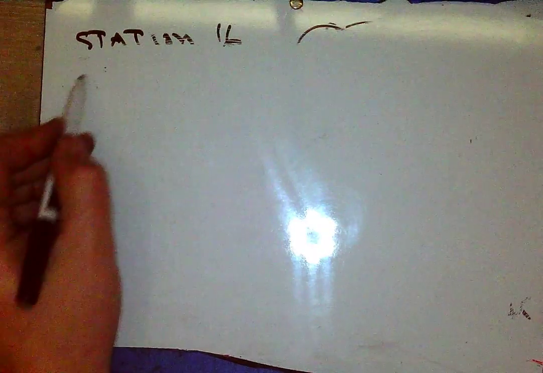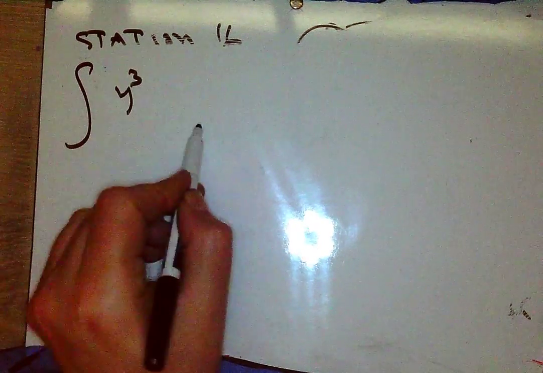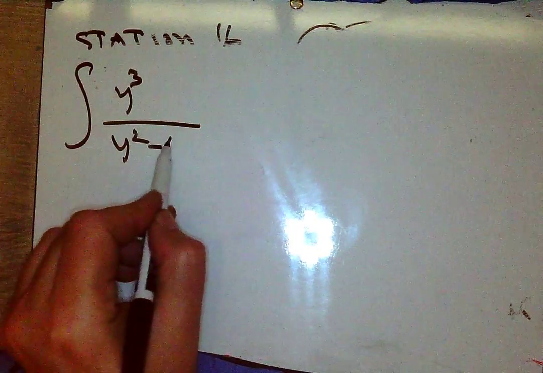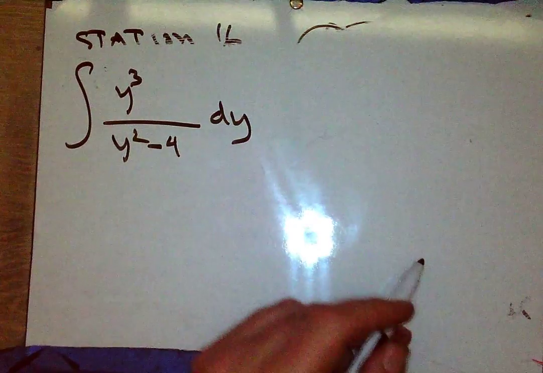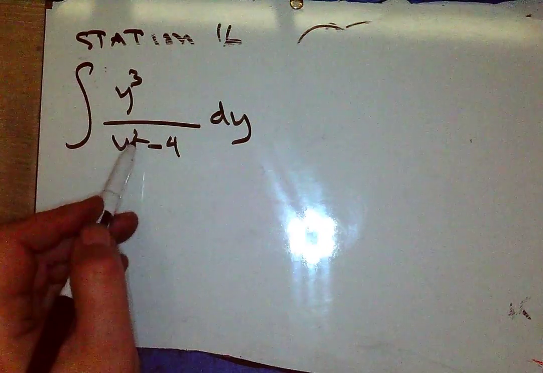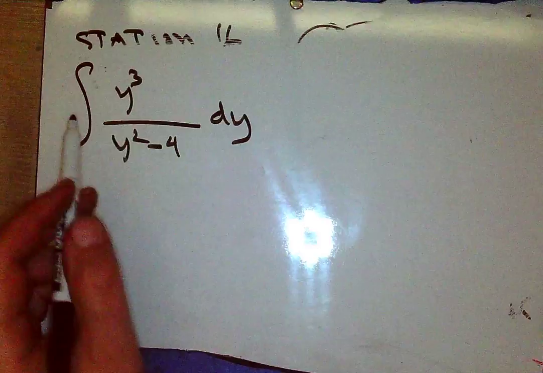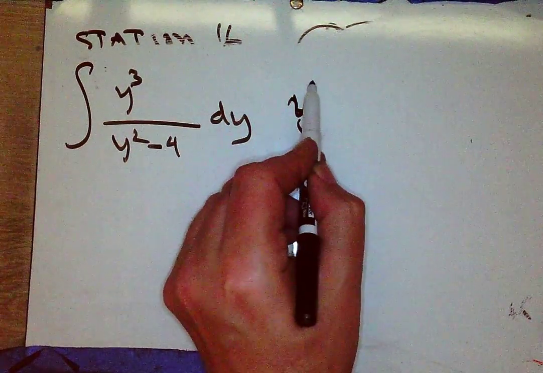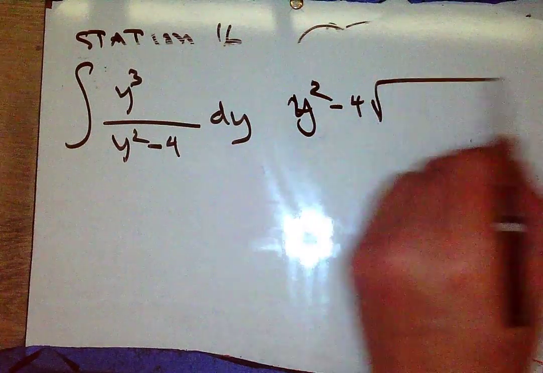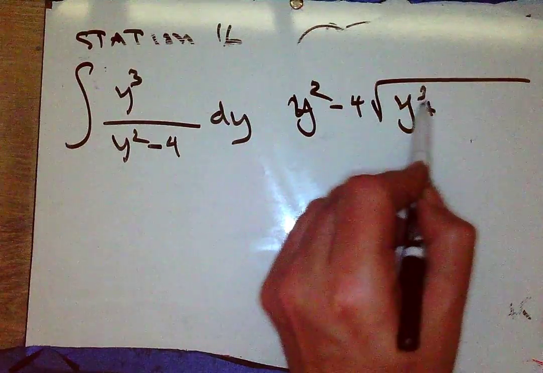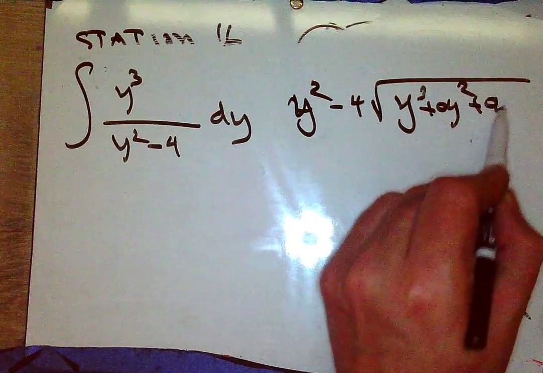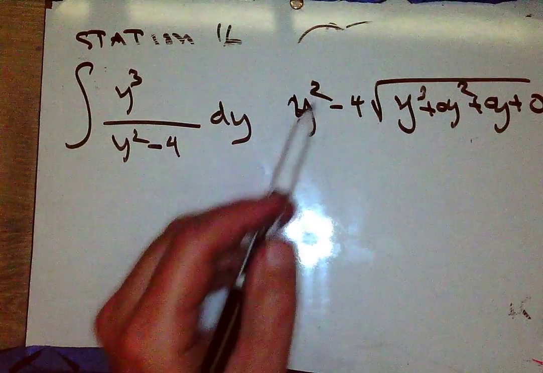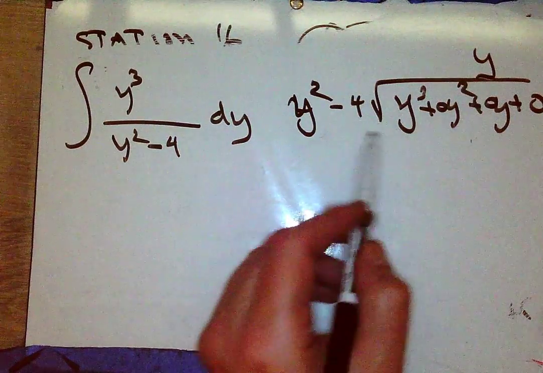4. Integral y to the third over y squared minus 4 dy. Degree of the top greater than or equal to the degree of the bottom. We need to use long division. Okay, so I'm going to multiply by y.